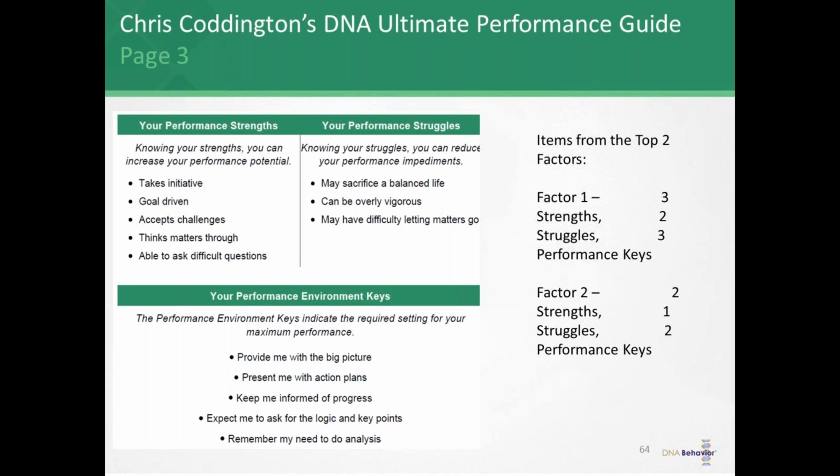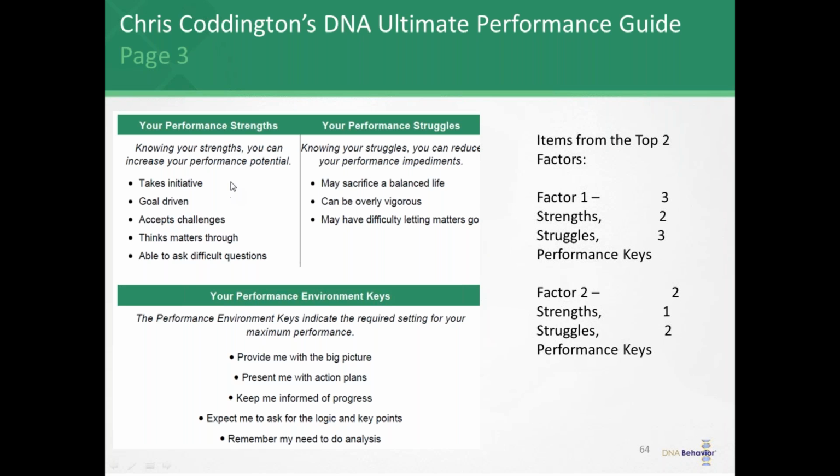Then we provide on page 3 of the workplace operations report the DNA Ultimate Performance Guide, where we highlight the person's 5 key performance strengths and 3 performance struggles. And then there's the performance environment keys.